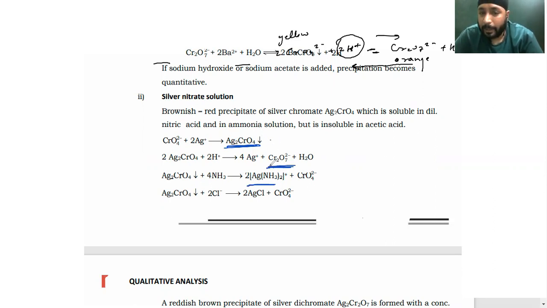We know why. And with Cl-, it will give a precipitate exchange reaction where red precipitate becomes white precipitate, because AgCl has very low Ksp, so the precipitation of AgCl is more favorable as compared to silver chromate. So silver chromate from reddish precipitate will become white precipitate.